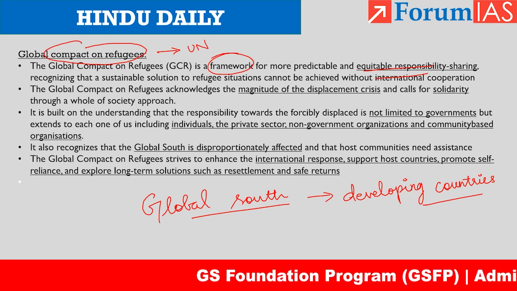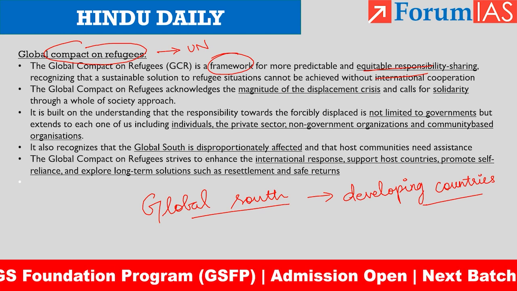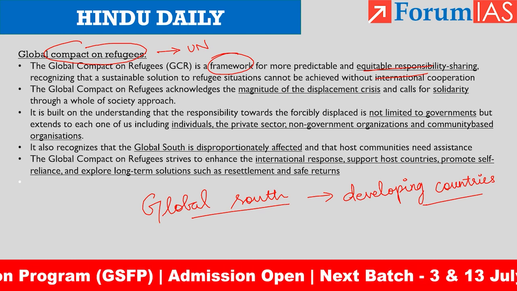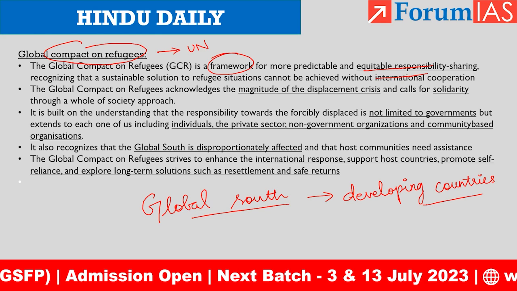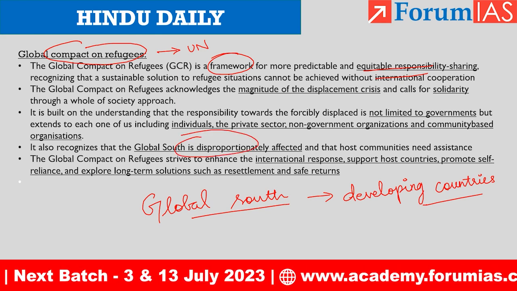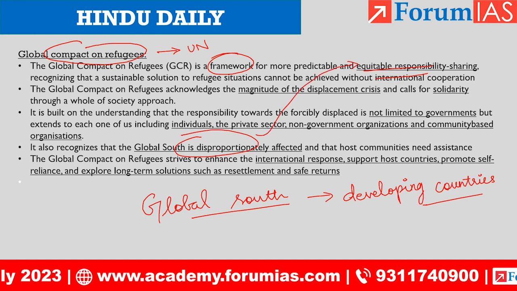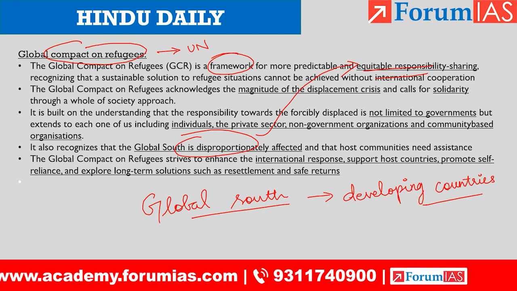Crises also happen in the Global South, and refugees come to their neighboring Global South countries. Because of this, the Global South is disproportionately affected, and as a result, we need a framework for equitable responsibility sharing.